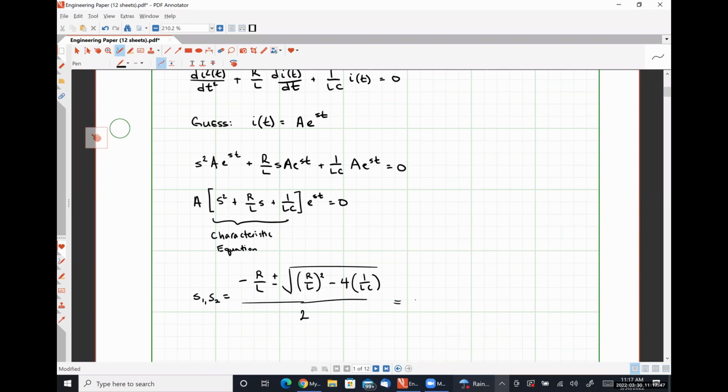So that's going to be negative R over 2L plus or minus the square root of R over 2L squared minus the square root of 1 over LC, squared.